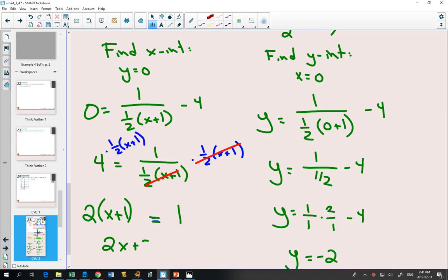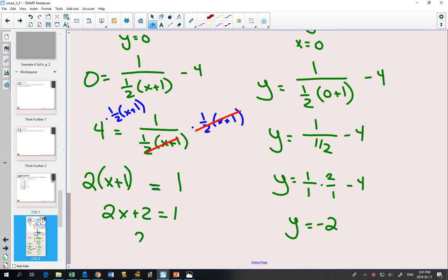And now if you distribute and solve, you get x is equal to negative 1/2.